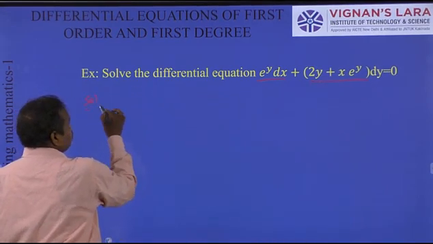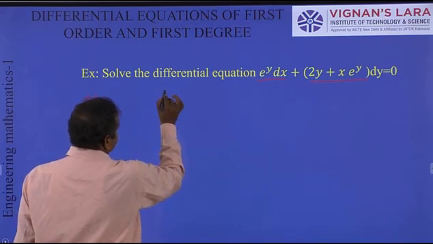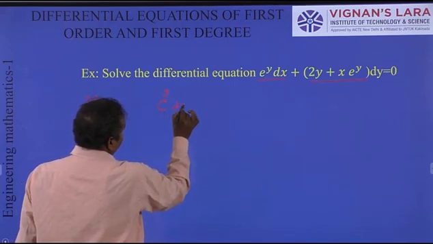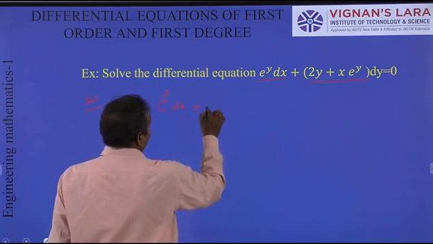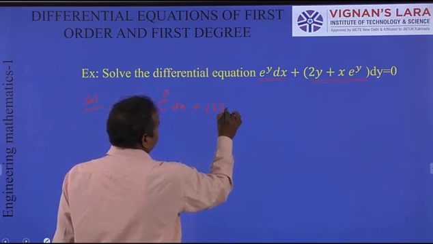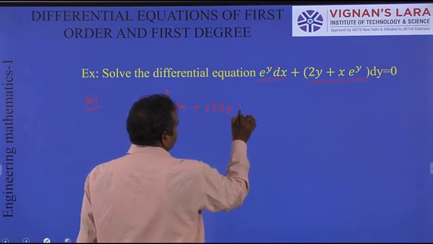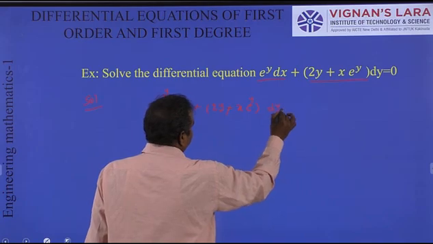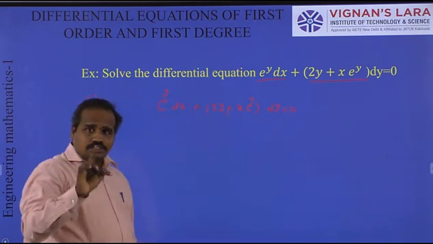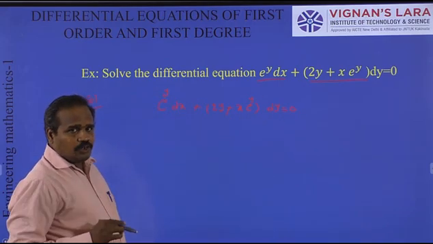What is the given equation? E power y dx plus 2y plus x into e power y dy is equal to 0. So this is the given equation. So in first step what we have to do?